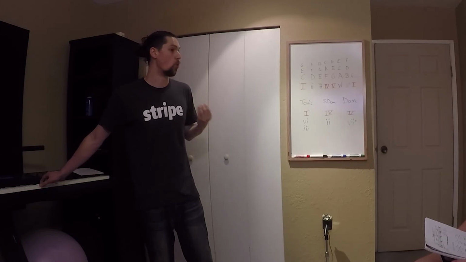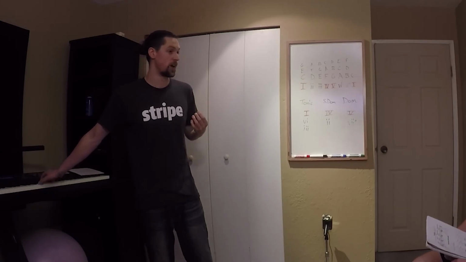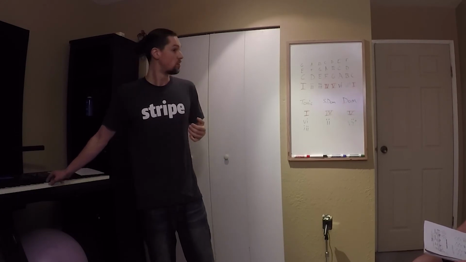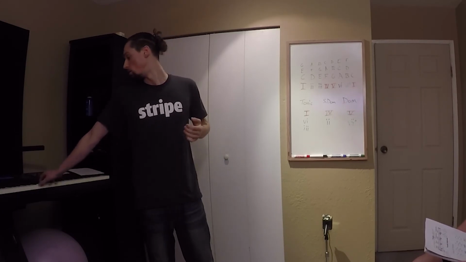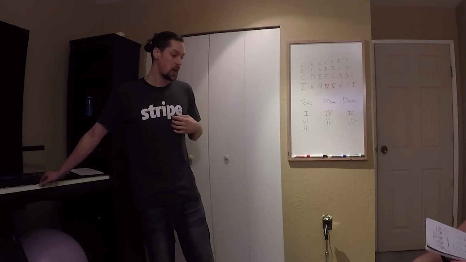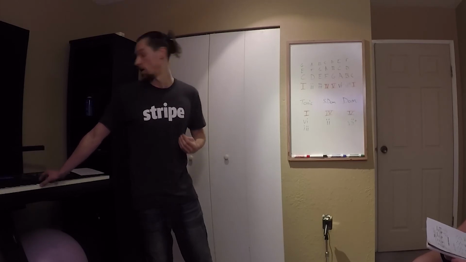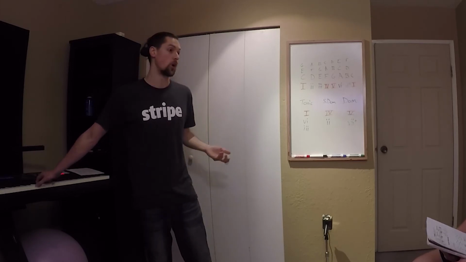And actually, this is more tense because of that diminished 5th. And that is ultimately the purpose of a dominant chord. The dominant chord introduces tension, and it necessarily resolves back to the tonic.